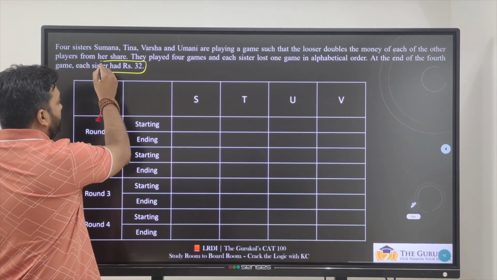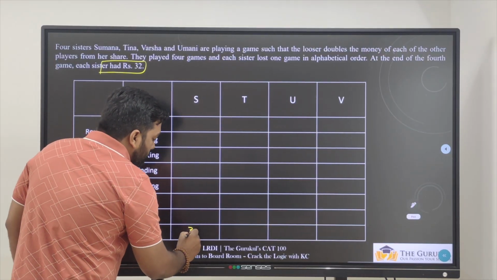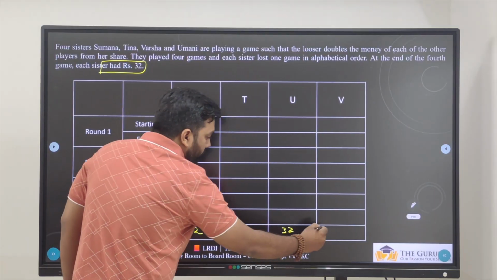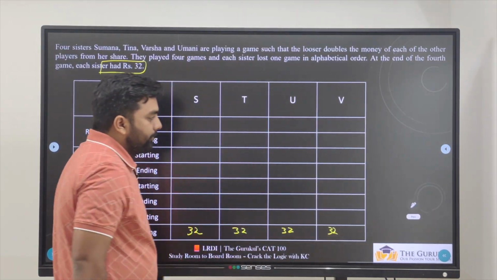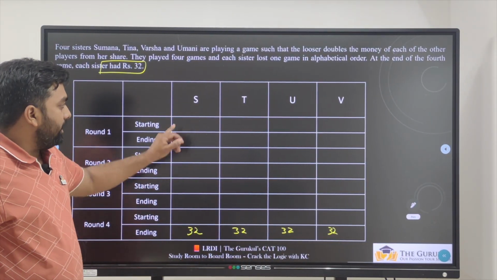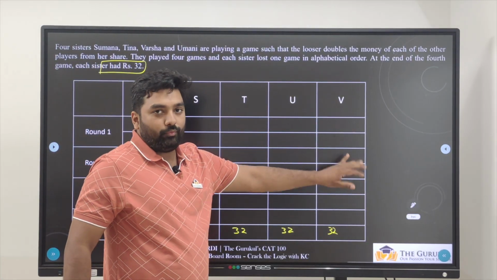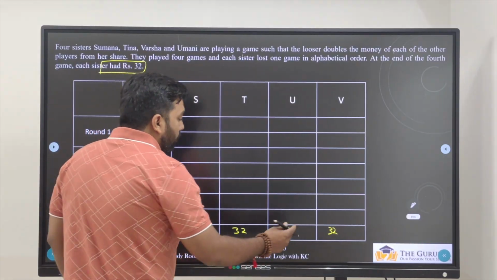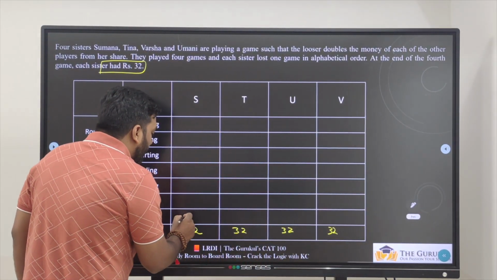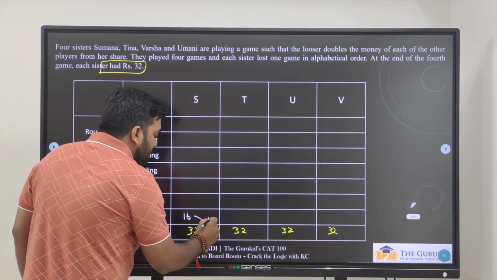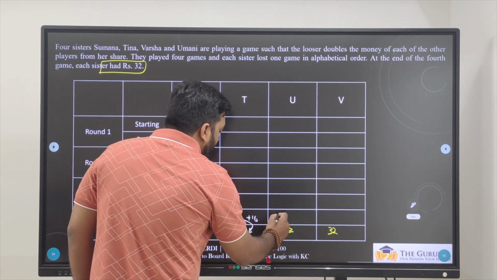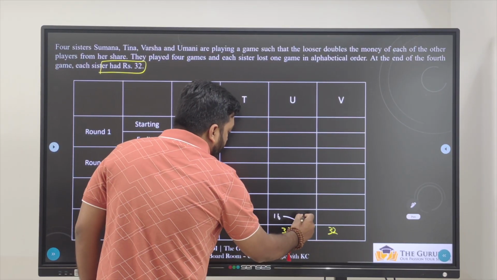Each sister had 32 rupees at the ending. So 32, 32, 32 and 32. Who will lose the game first? S, then T, then U, then V. V is the person who is losing at the ending. So we might have doubled the amount of the other people, plus 16, plus 16, plus 16.